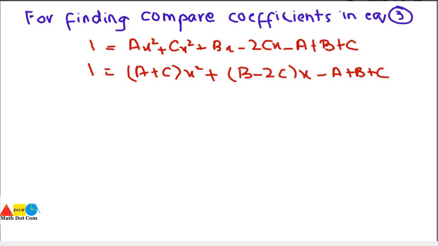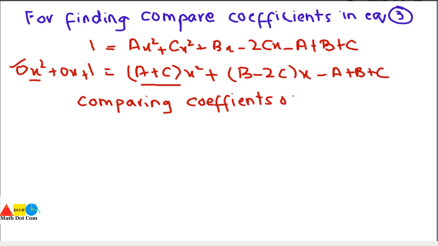Now we have to compare the coefficients of x square, x and constant. As we have to find the value of a, we will compare the coefficients of x square. The left hand side can be written as 0x square plus 0x plus 1, so the coefficient of x square here is 0. So comparing the coefficient of x square, 0 is equal to a plus c.